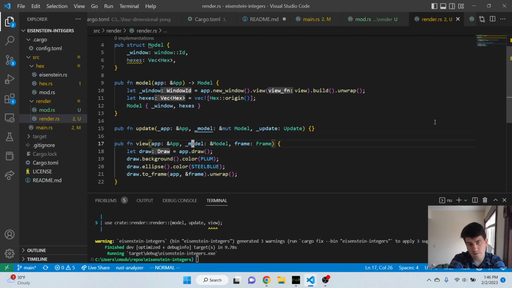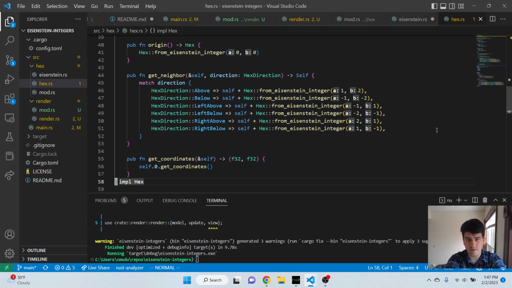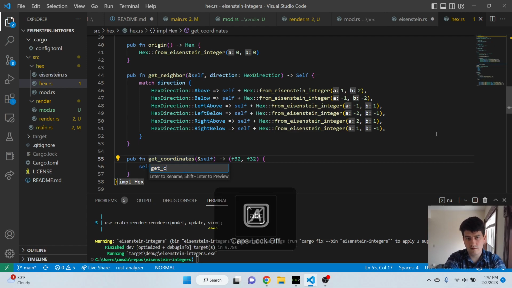And in view, instead of drawing hexes, we will draw a polygon. So hex should know how to give its coordinates. So let's call this get center coordinate.